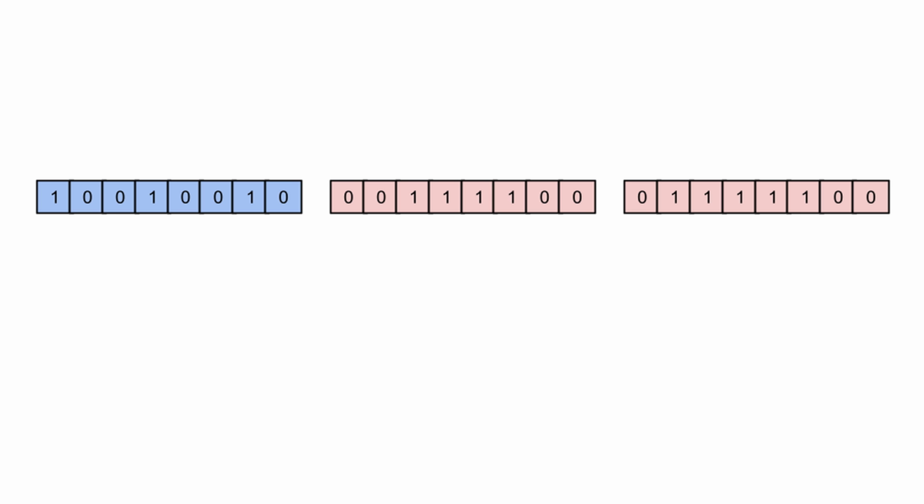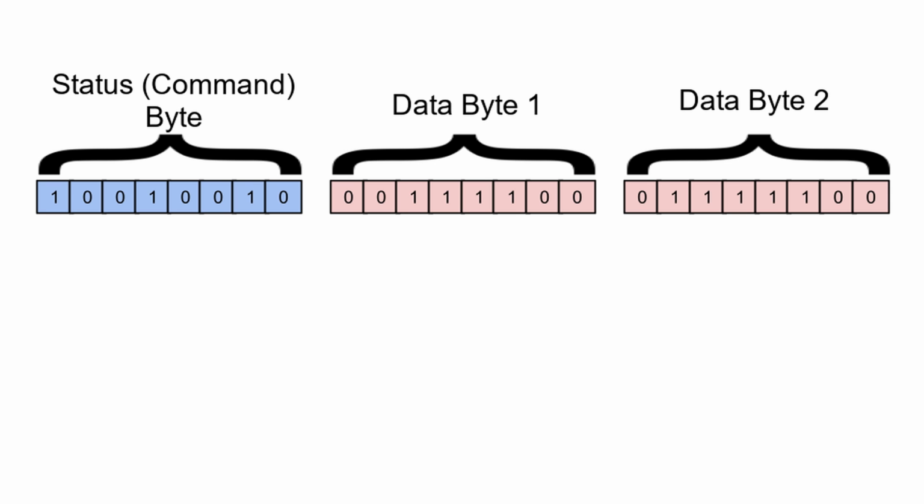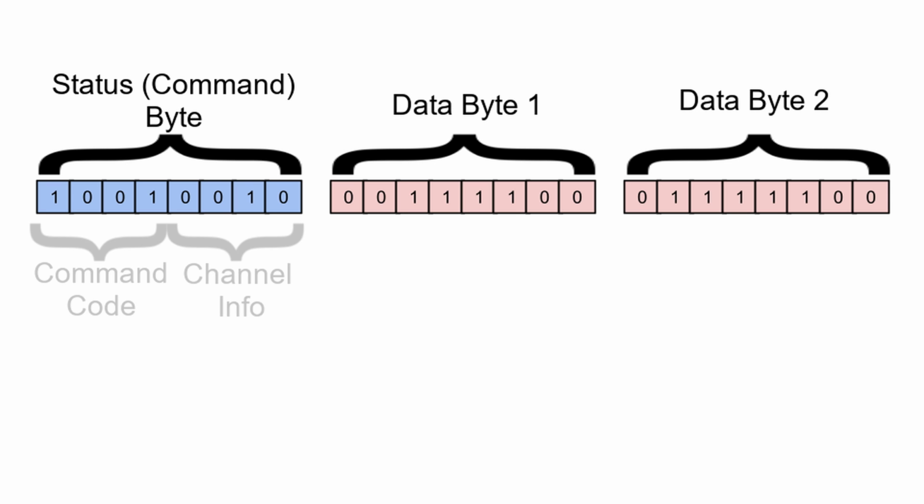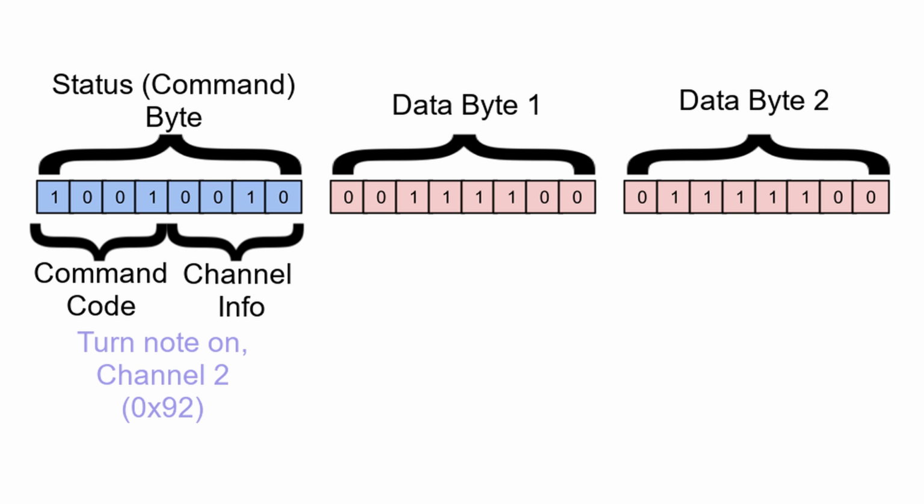In its most basic form, this event takes 3 bytes. The first byte actually consists of 2 half bytes or nibbles. The most significant nibble specifies the instruction, in this case 1001 for note on or 1000 for note off. The least significant nibble specifies the channel, from 0 to 15 decimal.